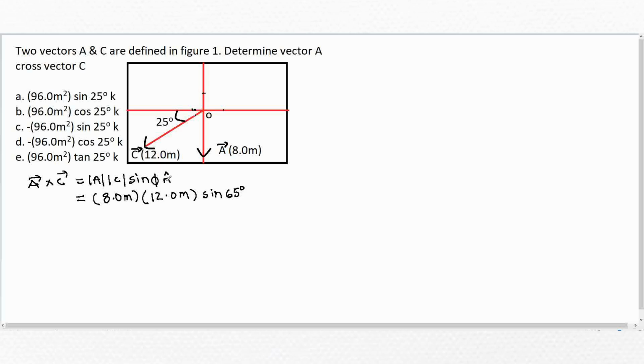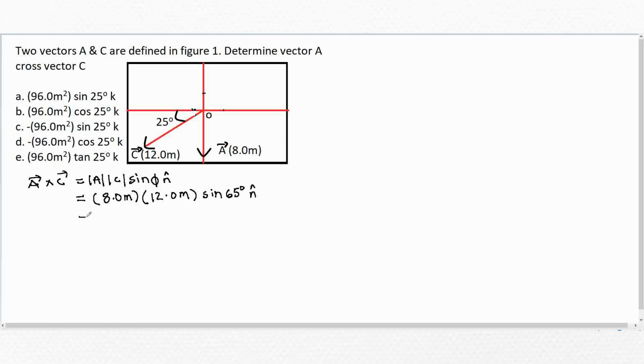Unlike the scalar product, where you multiply two vectors and you get a scalar, so you don't worry about the direction. But for the cross product, you get a new vector which has magnitude and direction. The direction in this case is n hat, and the magnitude is this expression, which gives us the magnitude of A cross C.